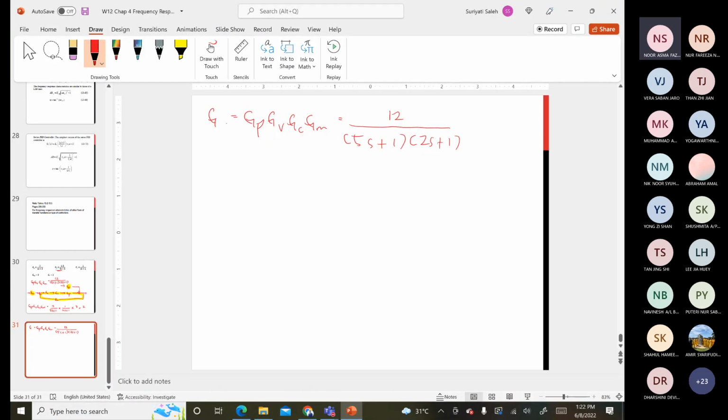Based on this, we can characterize it. Let's say the first term, the second term, and the third term. Here this one is your GA, this one is your G1, and this one is your G2. So based on this, you have 12, 5s plus 1, and then 2s plus 1.